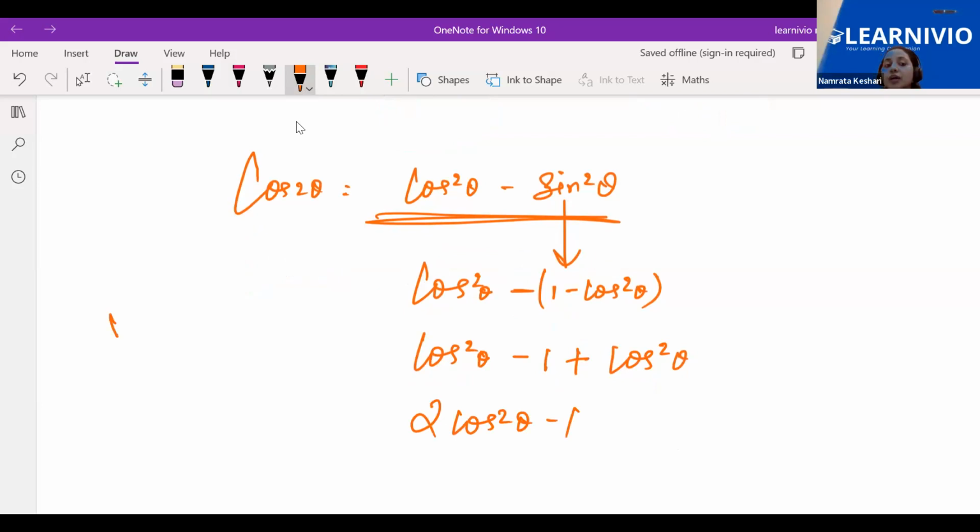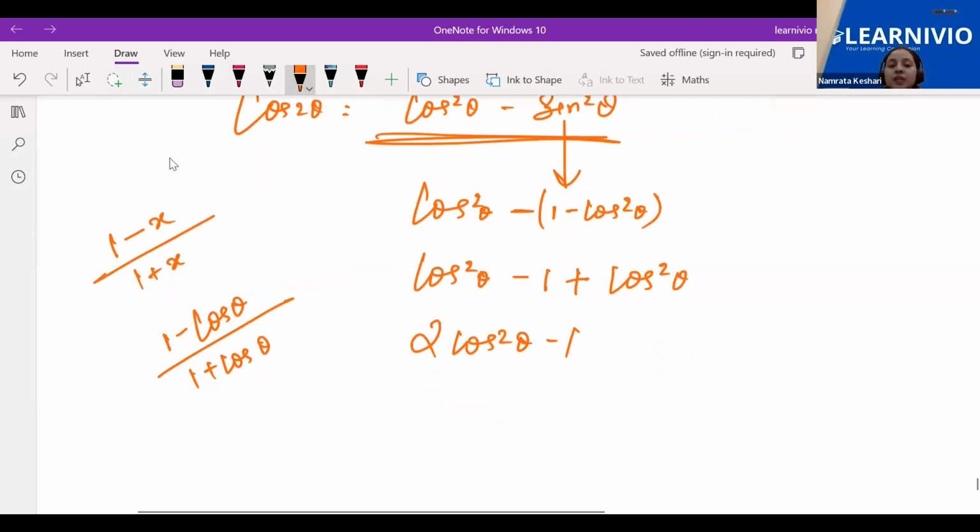Recall that whenever we had 1 minus x by 1 plus x in the previous class, we used the cos 2 theta formula. We took x as cos 2 theta, and we said 1 minus cos 2 theta by 1 plus cos 2 theta. And then we did the conversion like this. In the numerator we used the sine formula, that is 1 minus cos 2 theta equals 2 sine square theta, right?